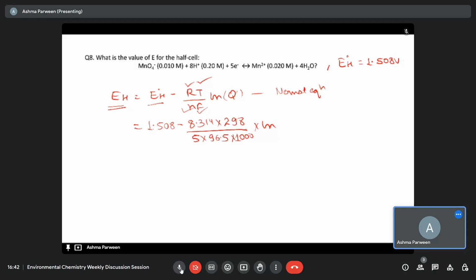So we have activity of Mn2 plus. We know activity of H2O will be 1, so we will not take that. So then MnO4 minus into H plus raised to the power of 8, and for electrons it is 1. So we will solve this. It will be 1.508.